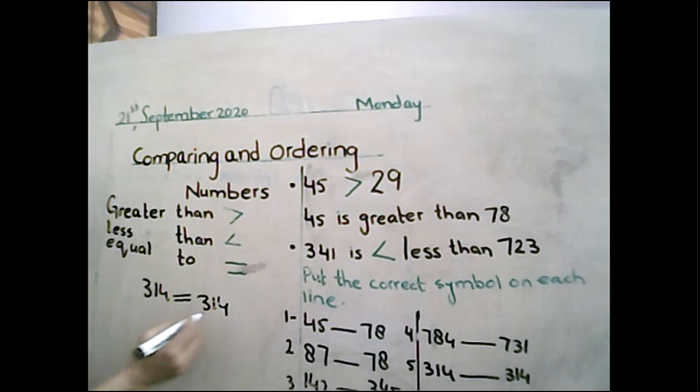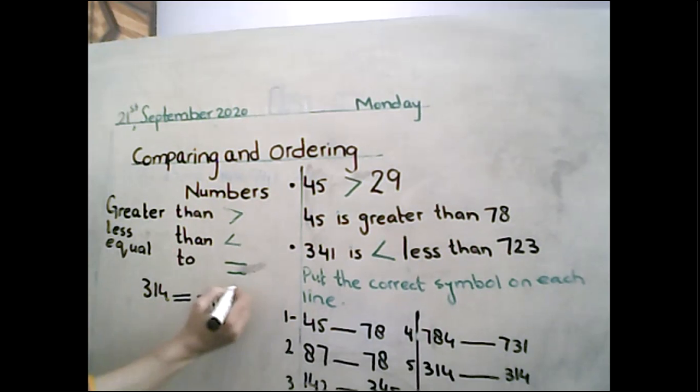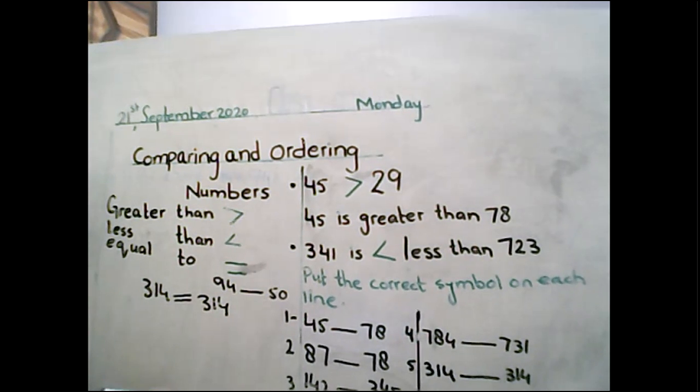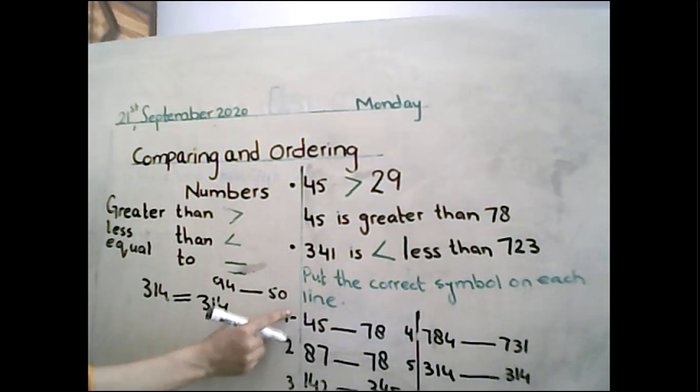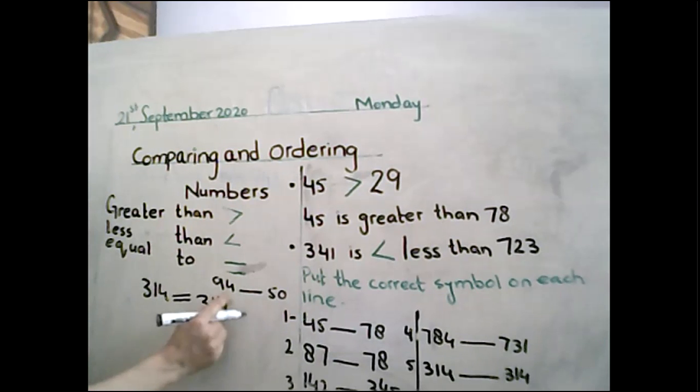And if we talk about 94 and 50, right? Which one is greater? 94 is greater than 50, and 50 is smaller than 94.